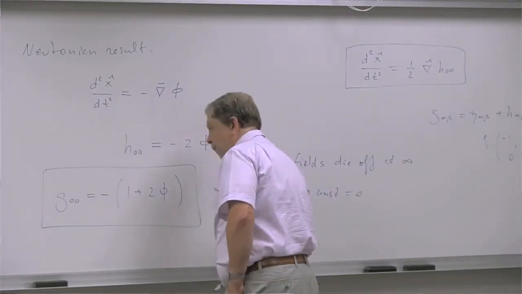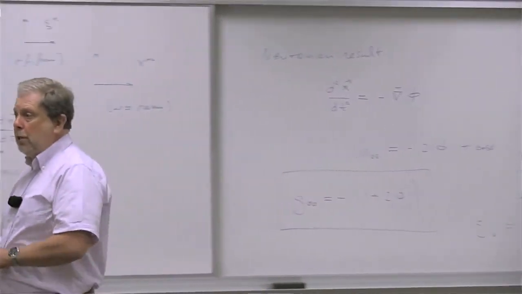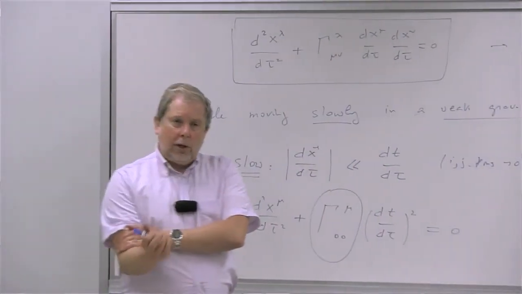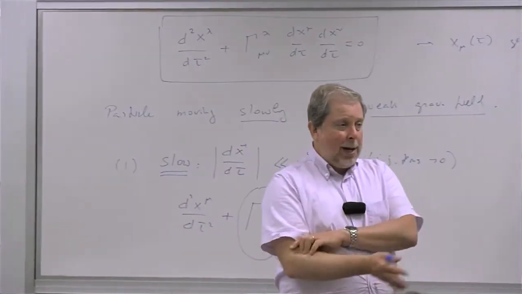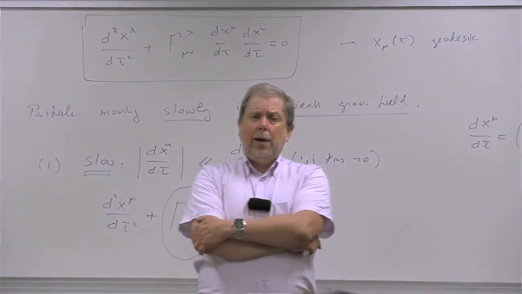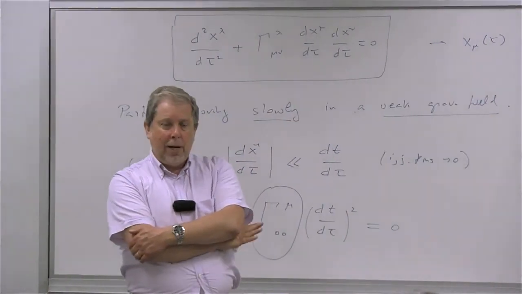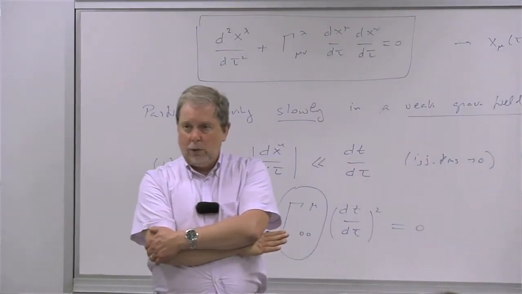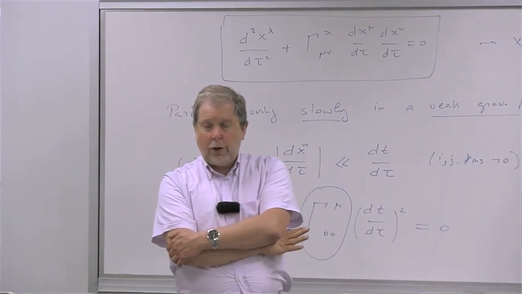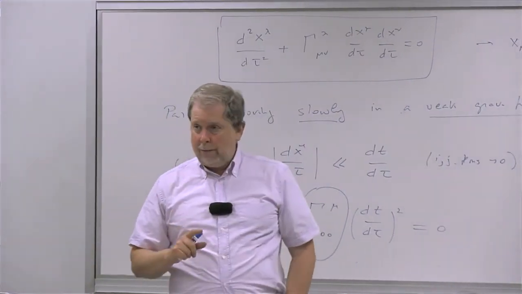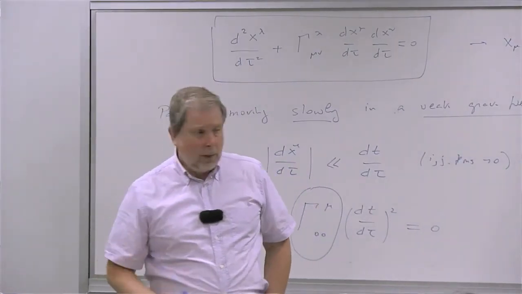are equal to, the other components, because there are 10 entries in the metric, right? A symmetric tensor in 4 dimensions has 10 entries. And as a result of this kind of calculation, we have pinned down only one of them, which is the g naught naught or the h naught naught. And in fact, we only have pinned it down for the case of weak fields, right?